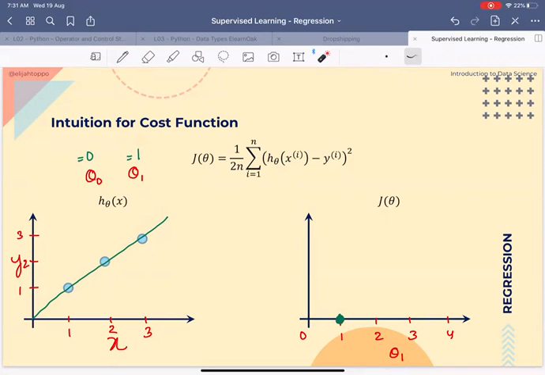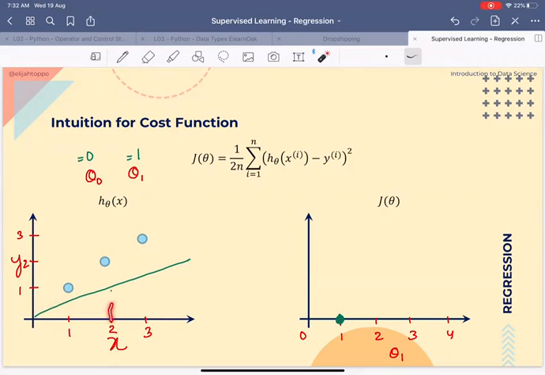Yeah. So let us now take a different line. Let's say that we are going for this line, and for this line, it is going from the origin, and here when I go 1 unit in x, I reach 0.5.